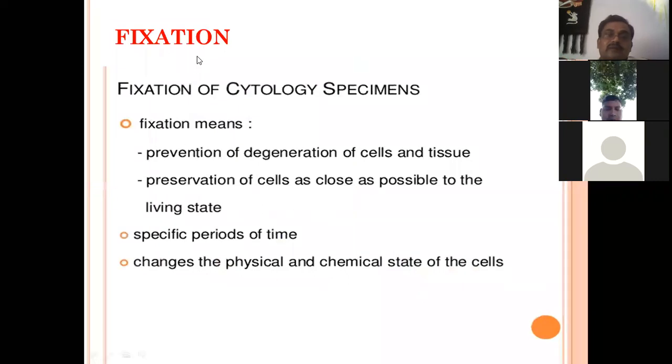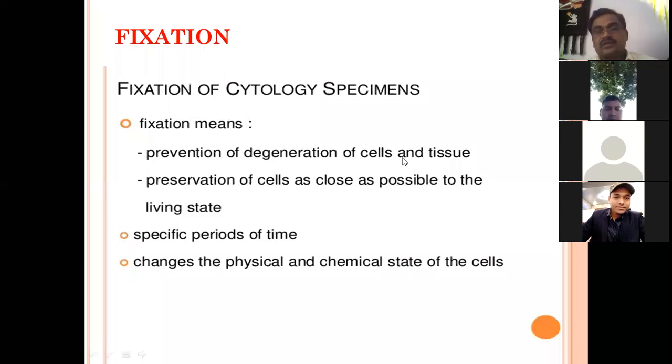So after you have made the smear, you have to fix it. At the time you are making the smear, it will immediately start fixing by air. So why should it be fixed? It should be fixed to prevent any degeneration of the cells and tissue. It should preserve the cell as close as possible to the living state. You do not want it to degenerate so that any information will be lost.